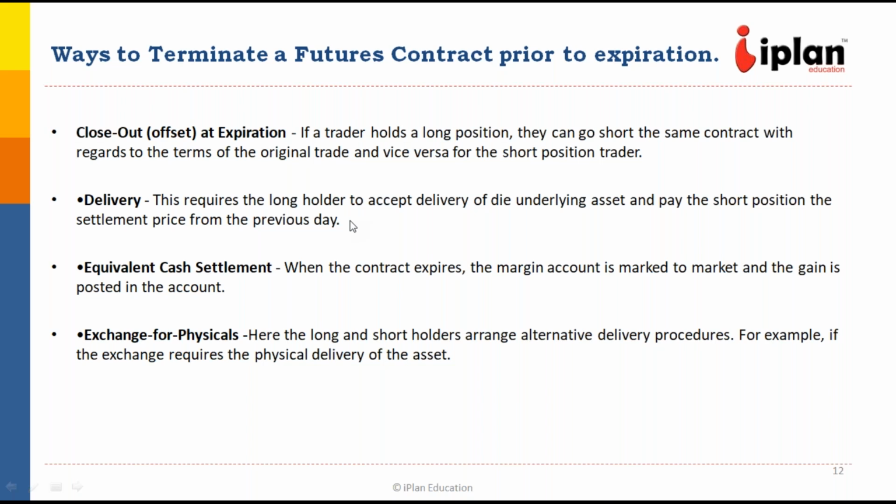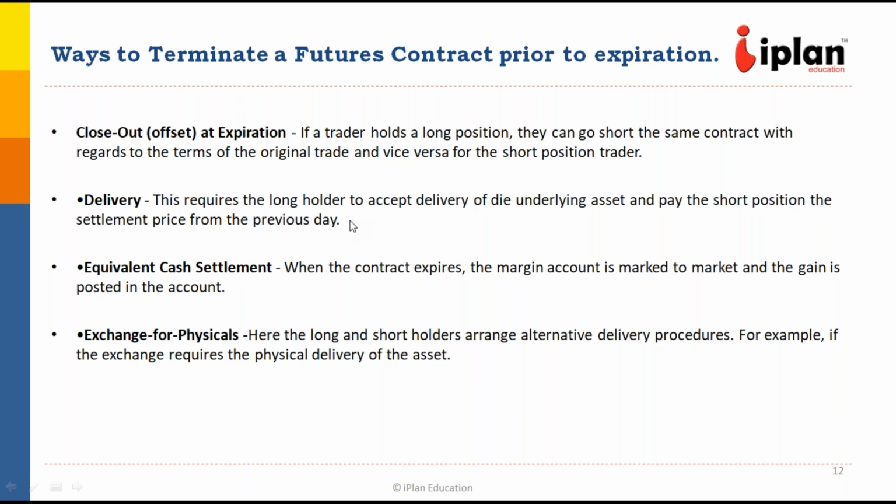Or if you are trading in the equity market, you can ask the exchange to deliver the shares in your demat account. When you ask for the delivery, the exchange will ask you to pay the full amount. Why? Because when you initiated the contract, you hardly paid 10-12%. So you have to pay the full amount if you want the delivery, and your contract will be settled.